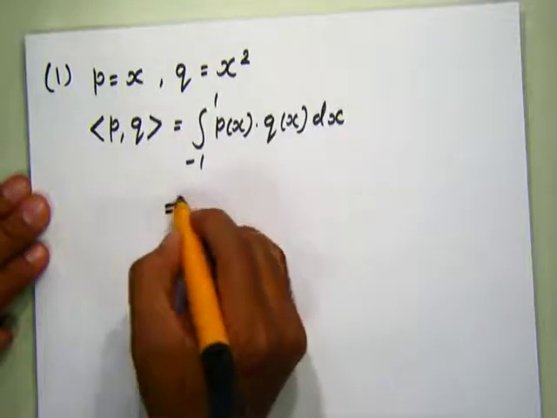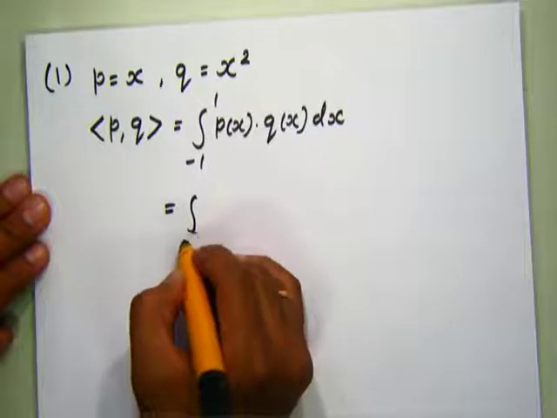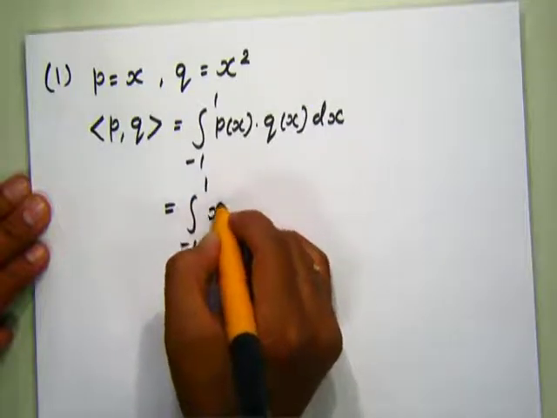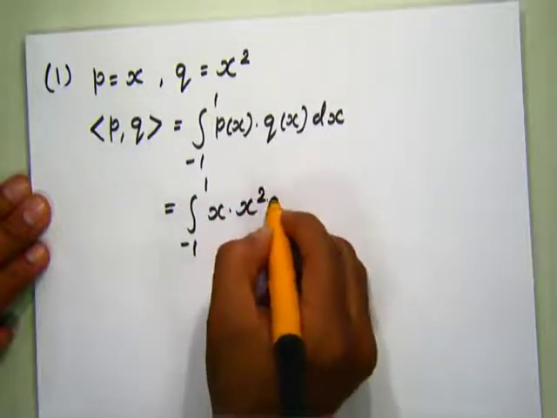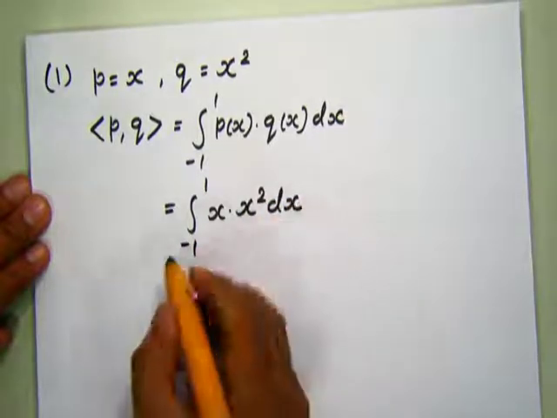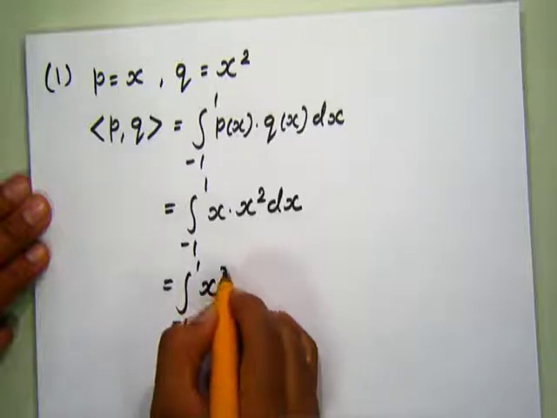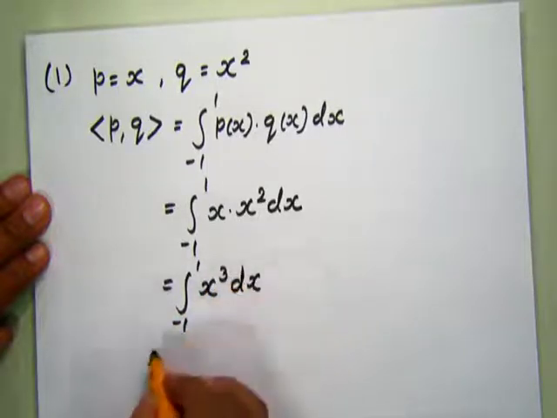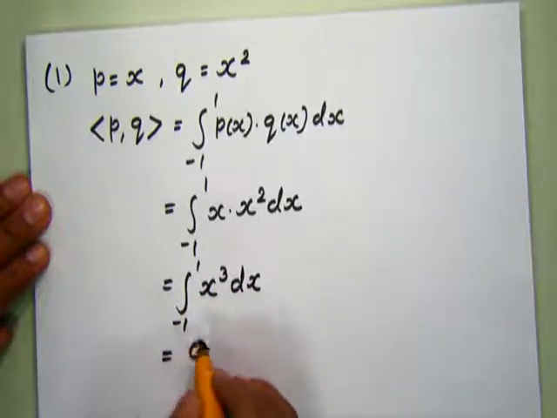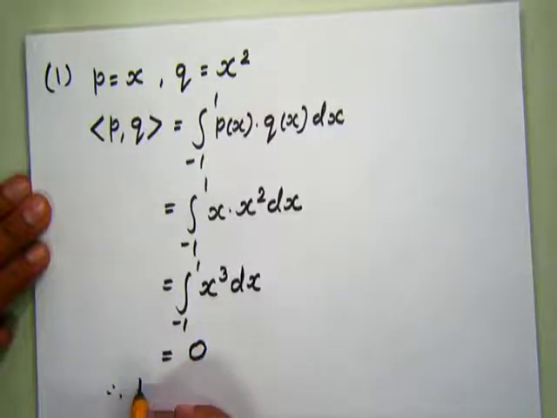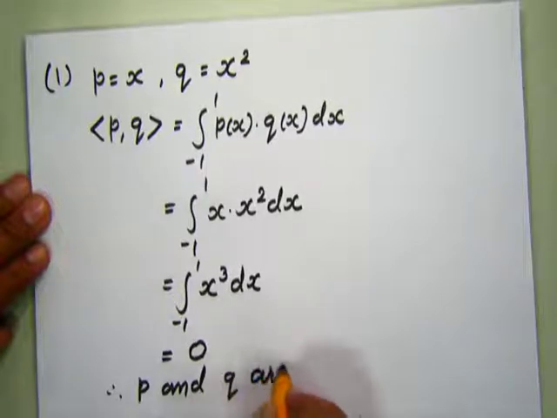So first of all, find out inner product of P with Q. It is integral of x into x square dx, and it becomes x cube from minus 1 to 1. As we discussed earlier, this becomes 0. Therefore P and Q are orthogonal.